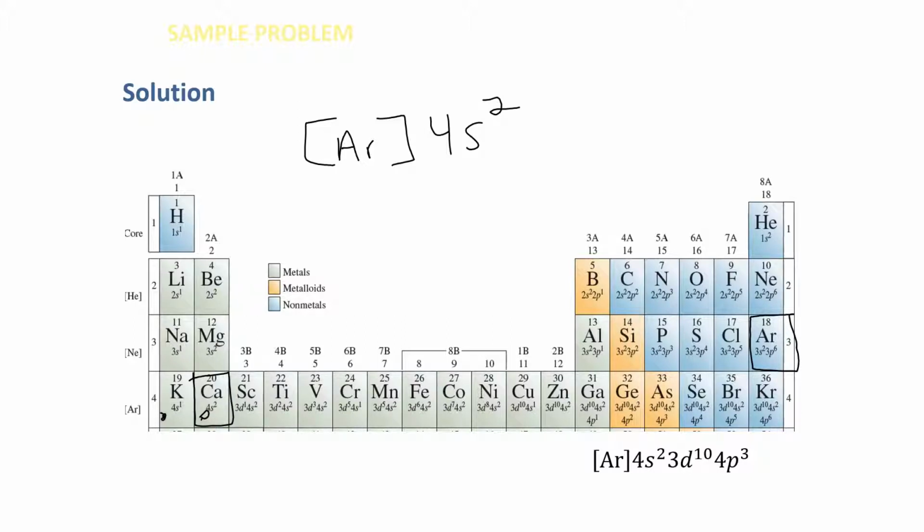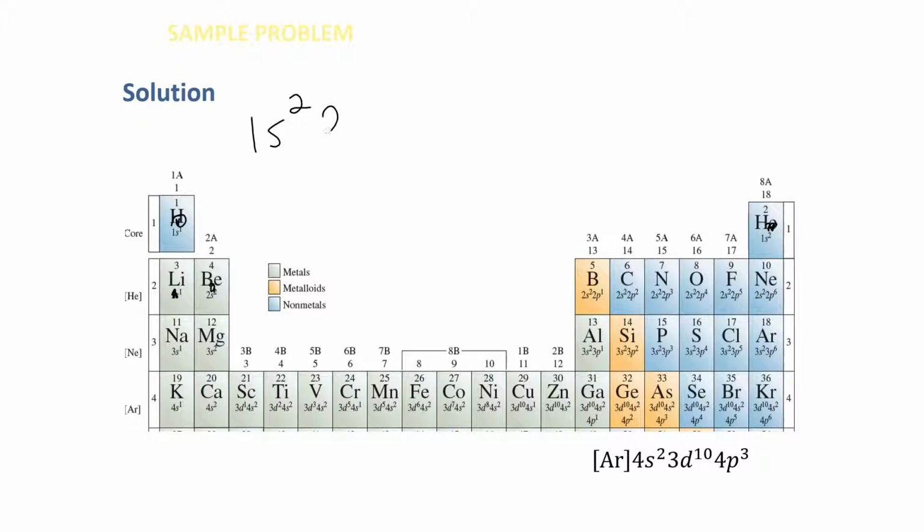If we were to do it the long way, we could say 1s2, 2s2, 2p6, 3s2, 3p, 1, 2, 3, 4, 5, 6.